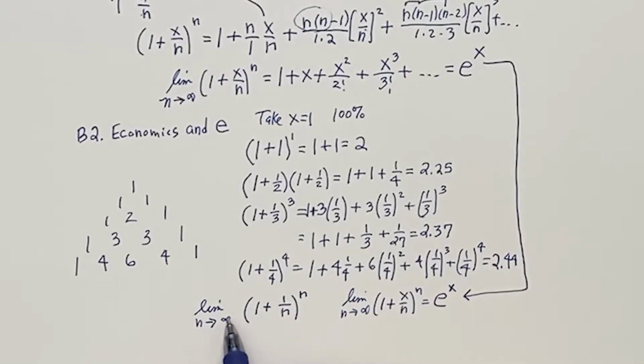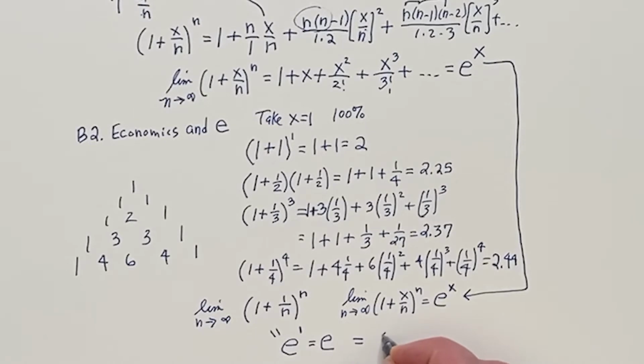So if we want this limit, we basically want to have the x to be 1. So this is going to be equal to e to the first power, which is going to be equal to e. So in other words, I'm going to know what e is now as a number by this analysis. And that is the money we're going to have if we compound moment by moment.